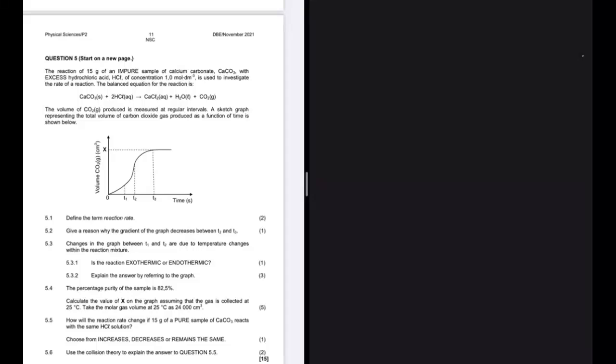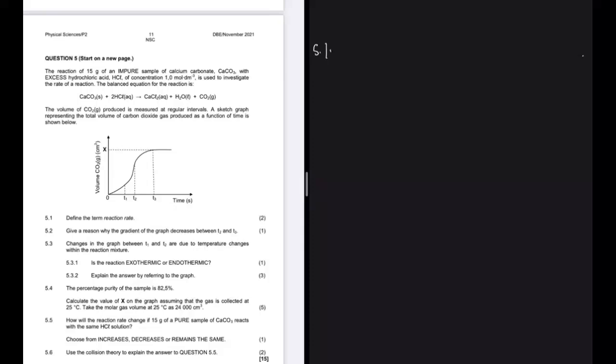The volume of CO2 produced is measured at regular intervals. And then we have the sketch with the volume of the CO2 on the y-axis and the time on the x-axis. And then the first question, 5.1, says define the term reaction rate.